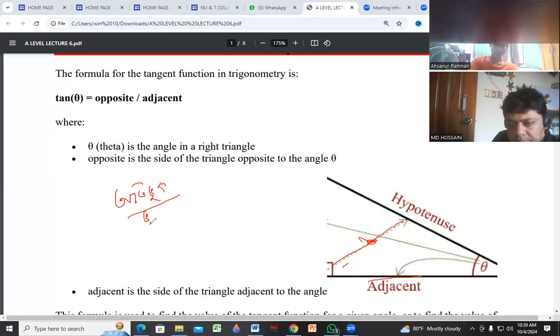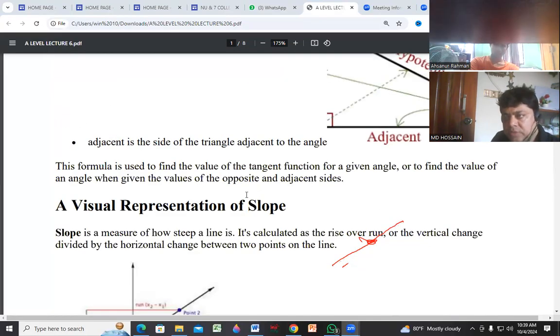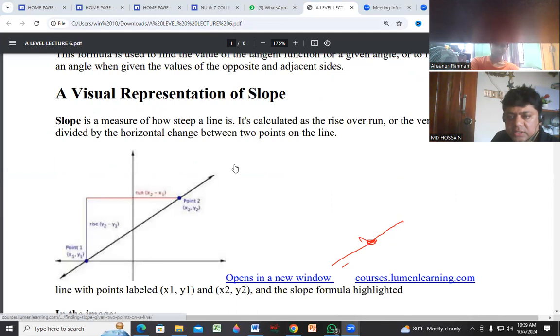Got my point? Yes, sir. Okay. This is a very simple and common basic that we have, but it is not our objective to learn this. It will help you to understand much more in our next topic.